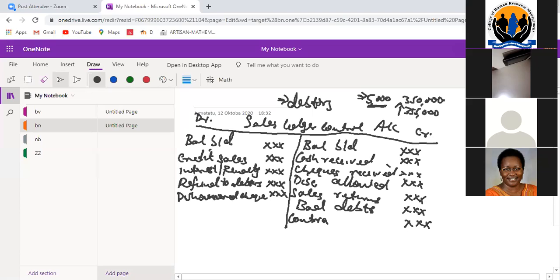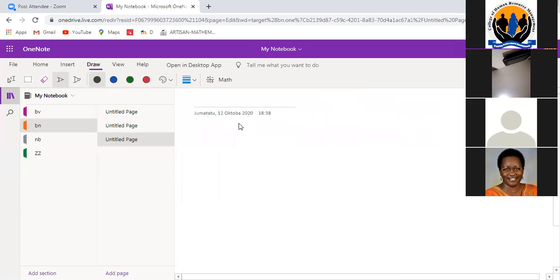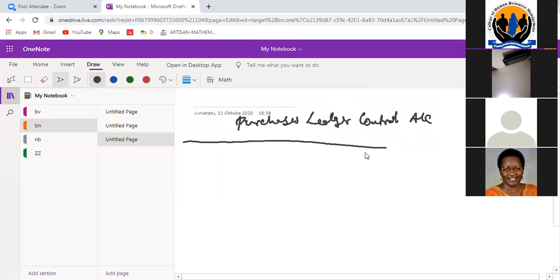Then we can talk about the other control account, which is the purchases ledger control account. The purchases ledger control account has the credit and the debit side.